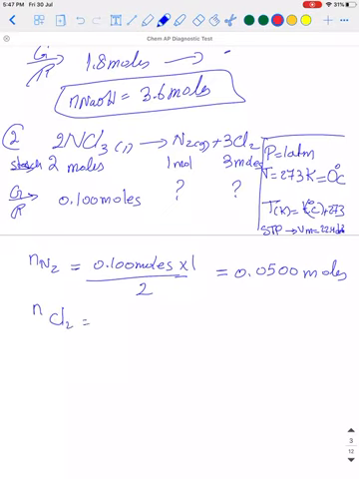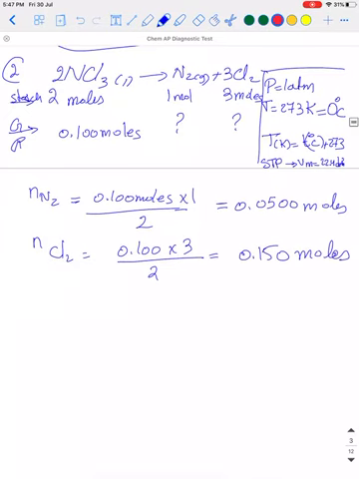Similarly, I will find the number of moles of chlorine, which is 0.1 times 3 over 2 by cross multiply. And the answer will be 0.15 moles. Okay. Now, I don't want moles, I need volumes, no problem.